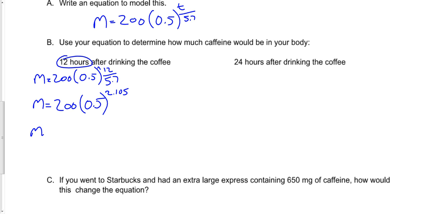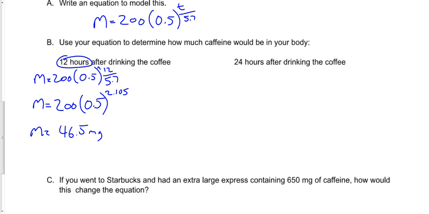So if I complete the equation, I end up with 200 times 0.5 to the exponent 2.105, and that's going to equal approximately 46.5 milligrams left in your body.